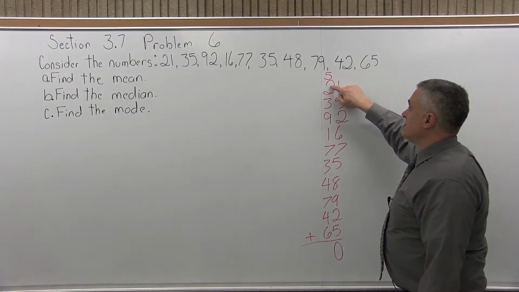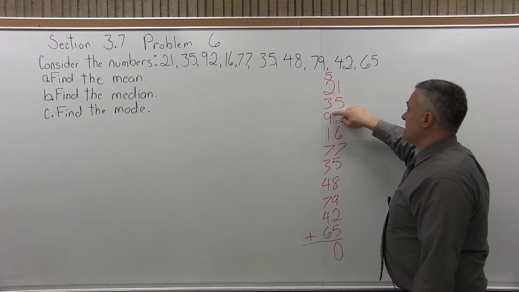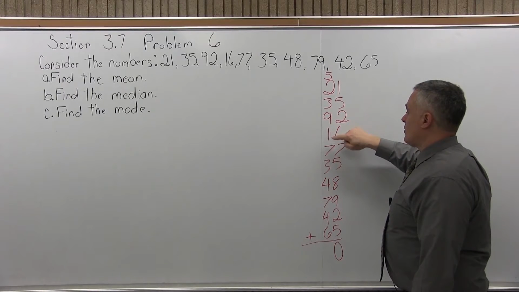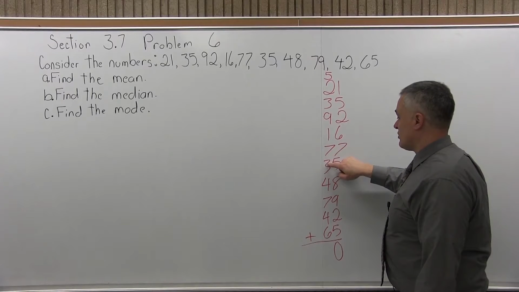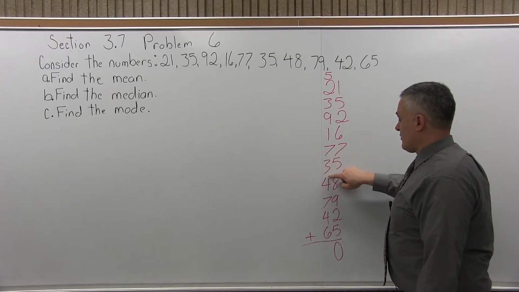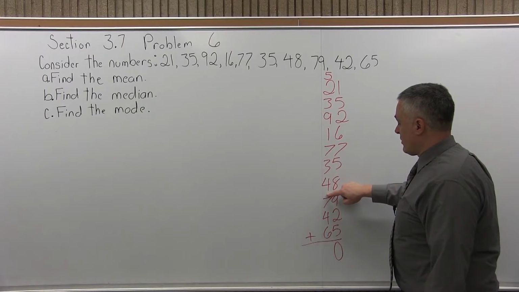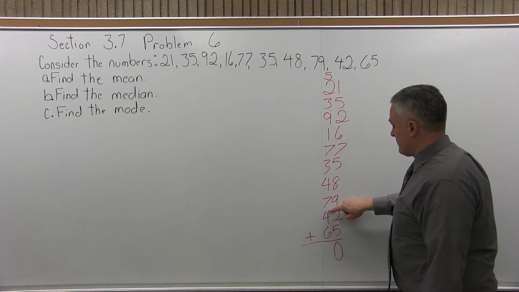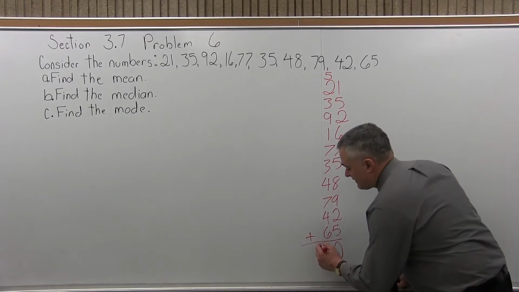5 plus 2 is 7, 7 plus 3 is 10, 10 plus 9 is 19, 19 plus 1 is 20, 20 plus 7 is 27, 27 plus 3 is 30, 30 plus 4 is 34, 34 plus 7 is 41, 41 plus 4 is 45, 45 plus 6 is 51.